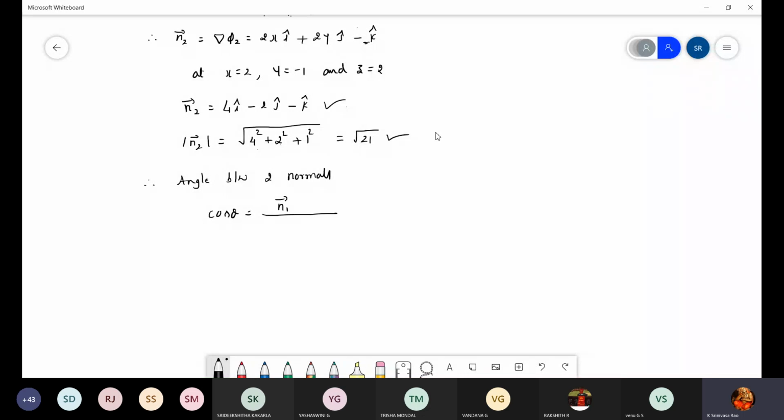vector n1 dot vector n2 divided by magnitude of n1 into magnitude of n2.